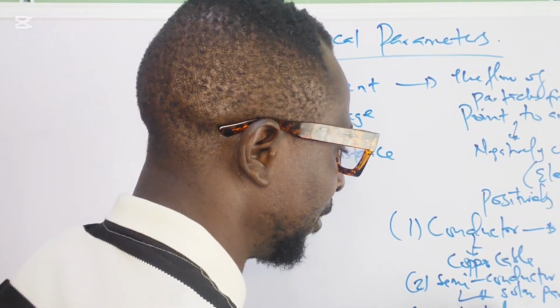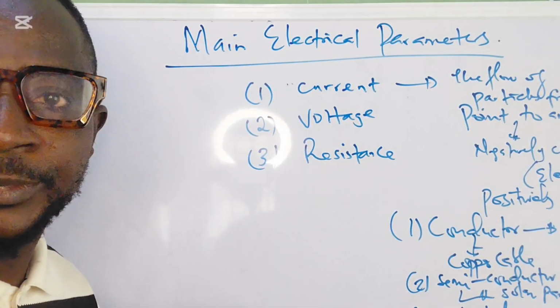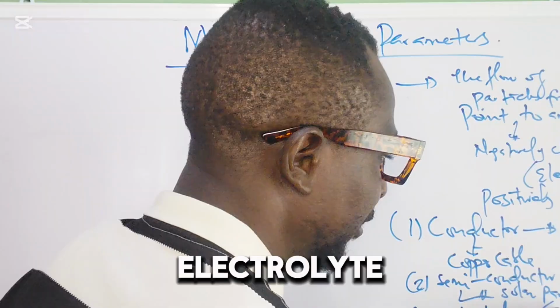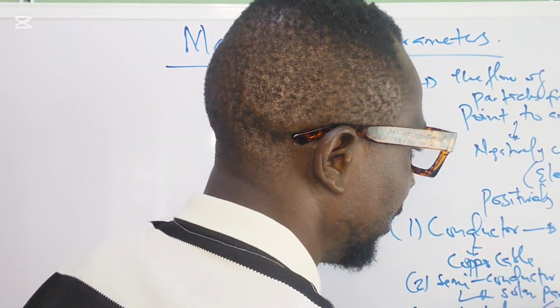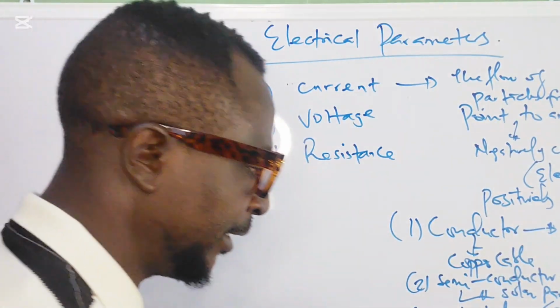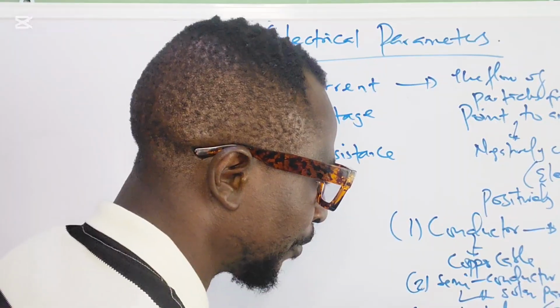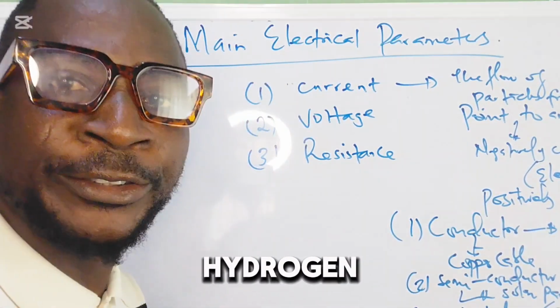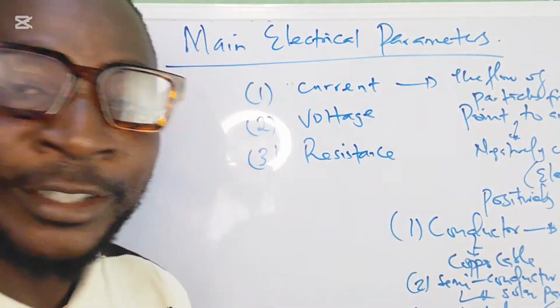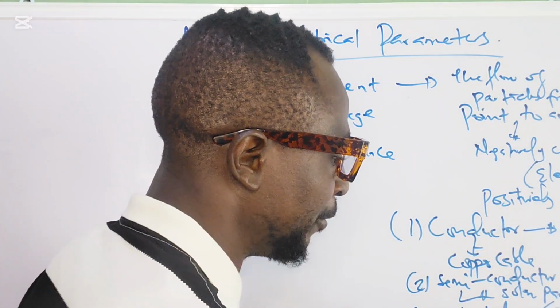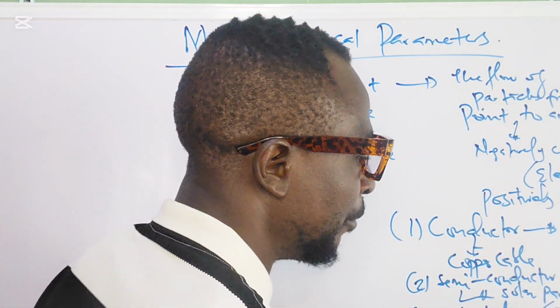Then we have another medium, electrolyte. Example of electrolyte like your salt water. Then H2SO4, that is your sulfuric acid. So this is the type of electrolyte you find in your tubular battery.